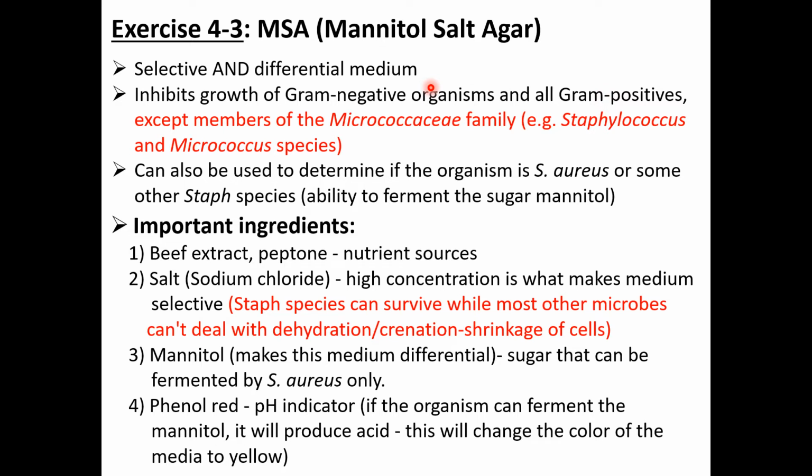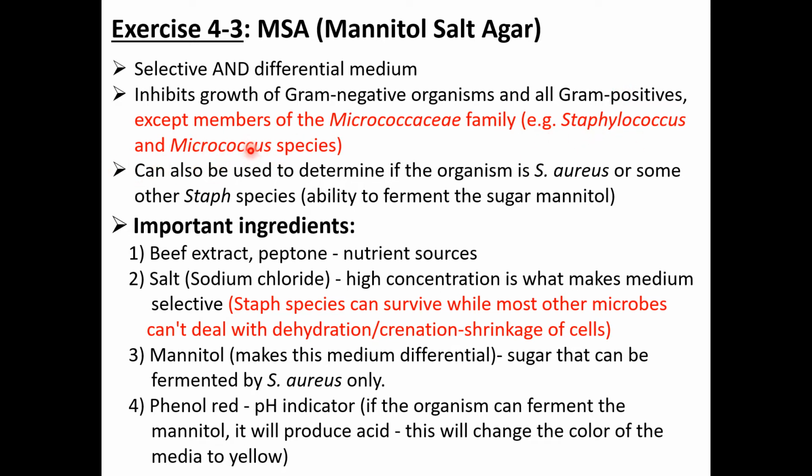Basically nothing can grow in here except Staph and Micrococcus species, which are gram-positive. So you can inhibit the growth of all gram-negatives and basically all gram-positives except Staph and Micrococcus.